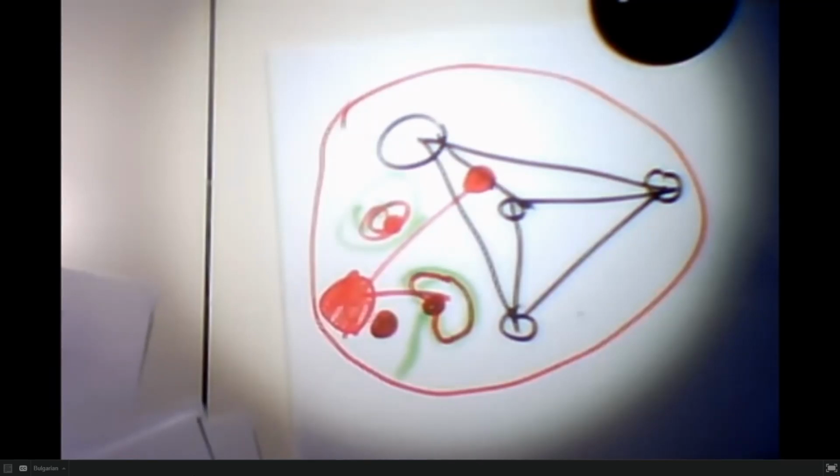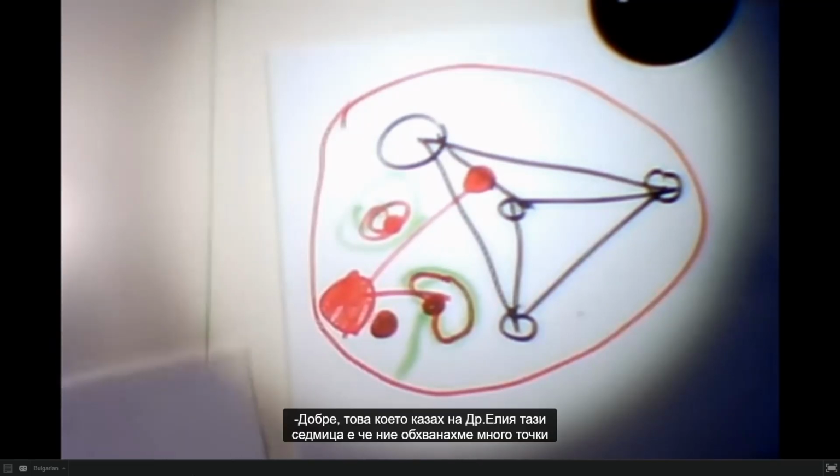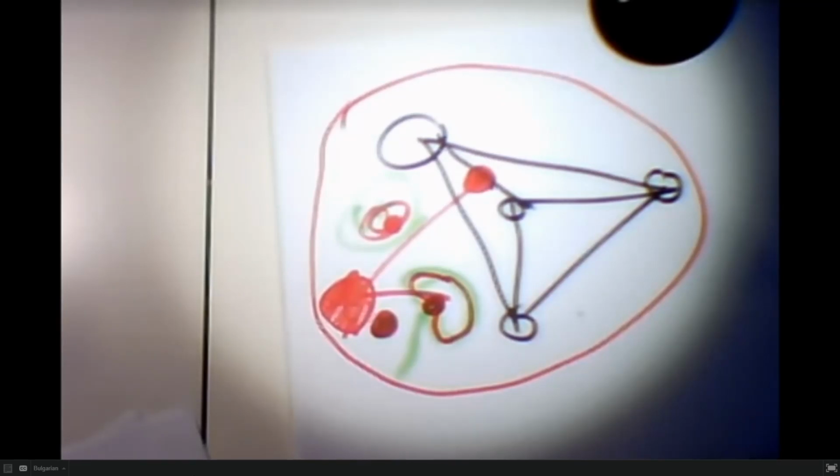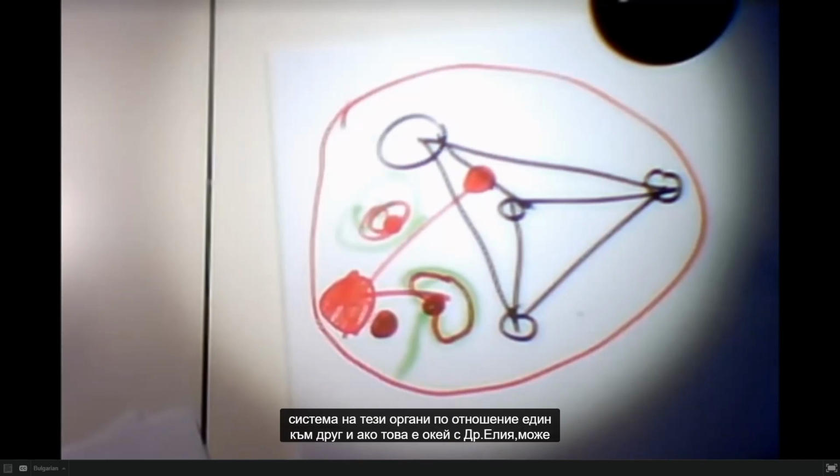What I said to Dr. Elia before this week as well is that we have covered a lot of points, like the bone, the muscles, the brain, the heart, and the lung. It's good to spend a couple of next sessions to understand the interaction, interconnection, and the operation of these organs in respect to each other.